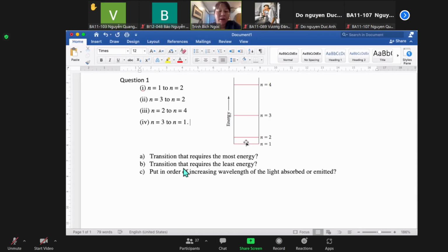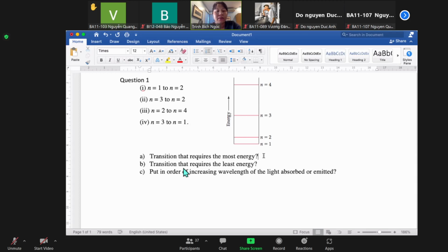So you require energy only when you go from the lower energy level to the upper energy level. So the transitions that require the most energy, you need to provide energy for this to happen.